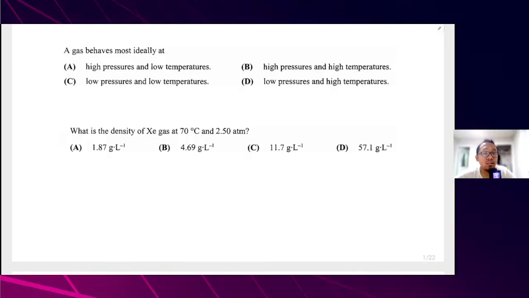So today we're going to continue our discussion. We are still discussing the ACS exam for General Chemistry 1 and 2, and now we are still on chapter 8.